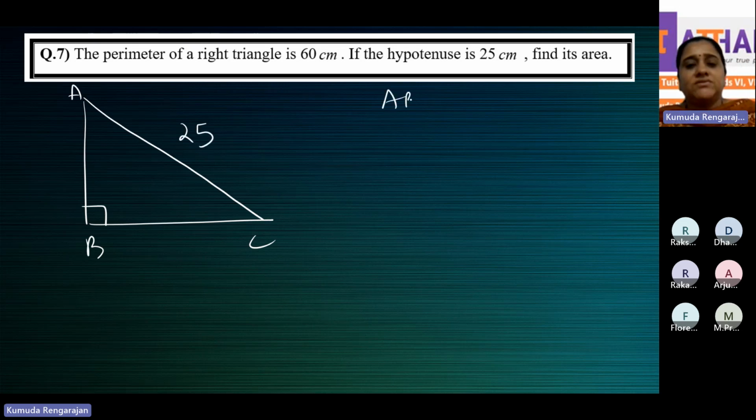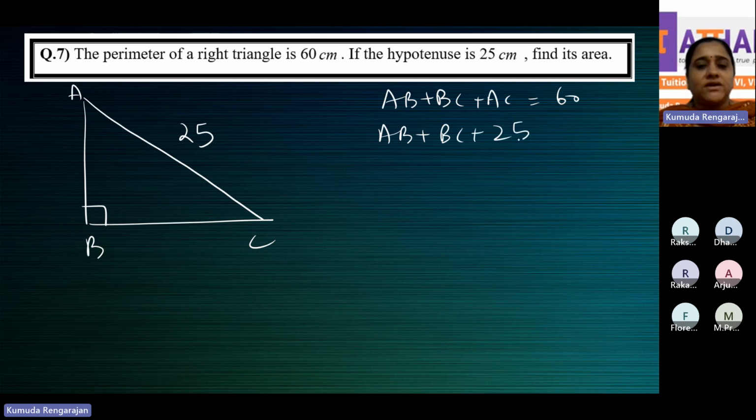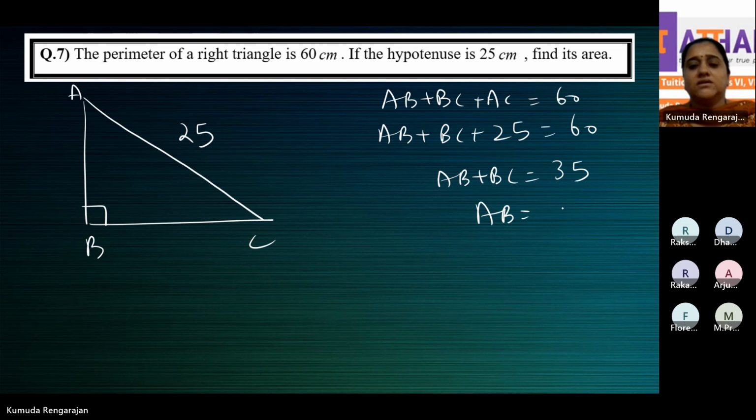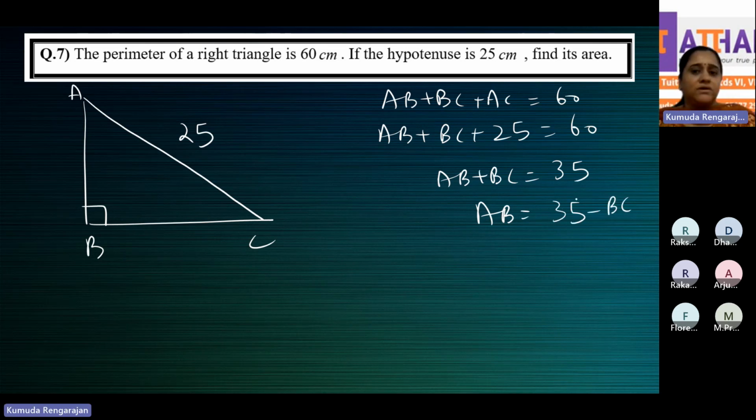So AB plus BC plus AC is equal to 60. AB plus BC plus 25 is equal to 60. AB plus BC is equal to 35. So what is AB? 35 minus BC. Or what is BC? 35 minus AB. So you can also write AB as 35 minus BC, and take BC as BC itself.